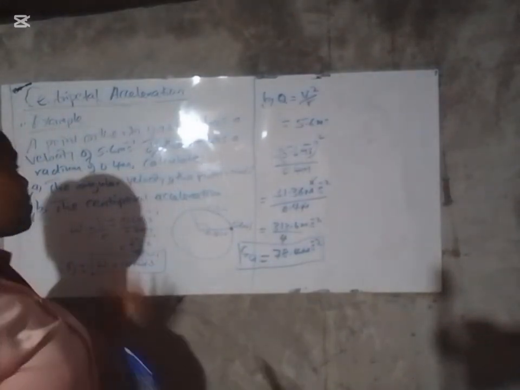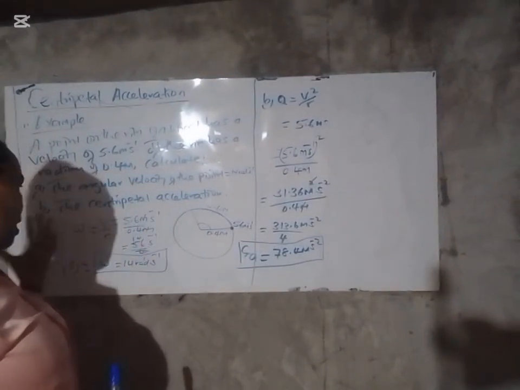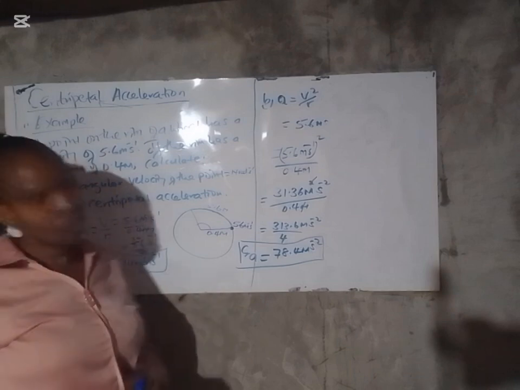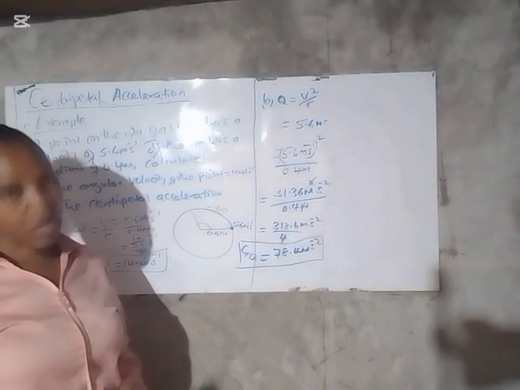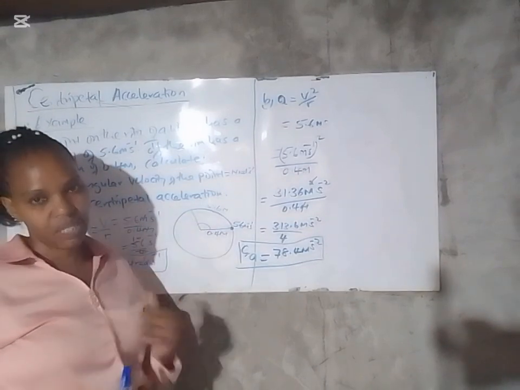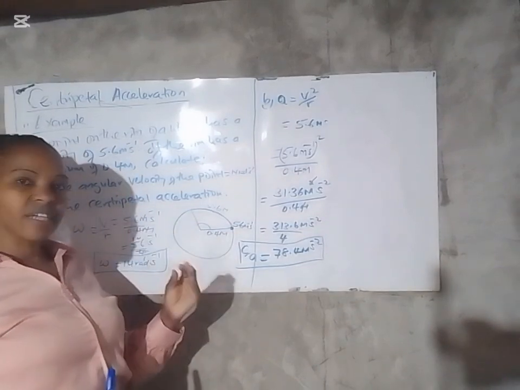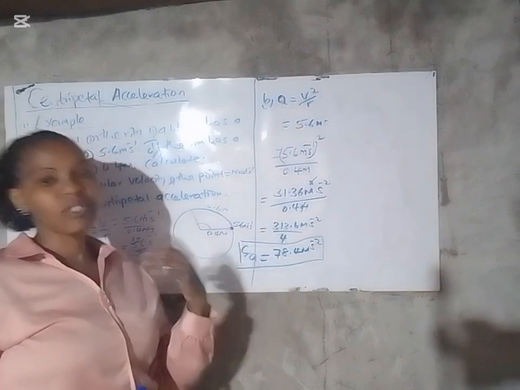So that question, as you can see, is very easy to work out. We have already worked out the angular velocity omega, which we said is v over r. Now we understand why. Because anytime we take linear velocity, which is in meters per second, and divide by the radius, we get radians, because each radius subtends 1 radian.